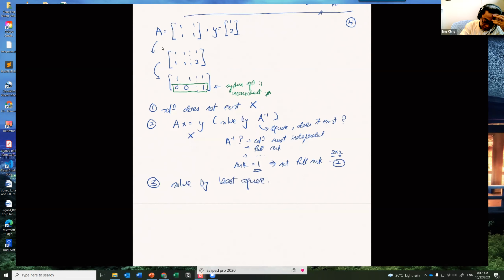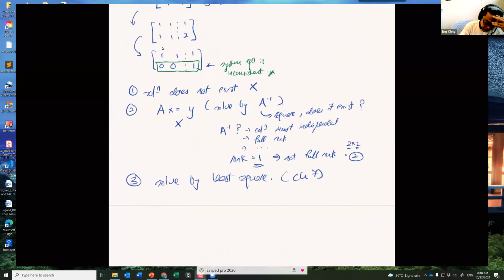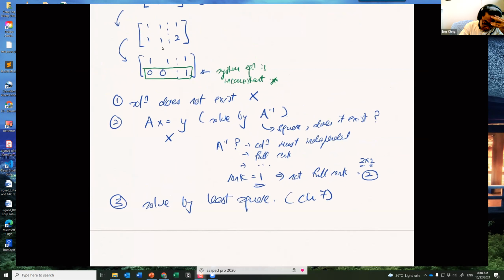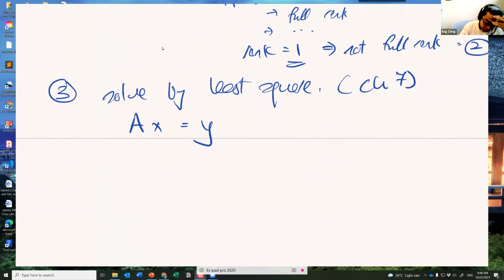So in chapter 7, we learn how to solve the problem by the least squares. So what is the least squares? Ax equals y. That's the problem we want to solve.